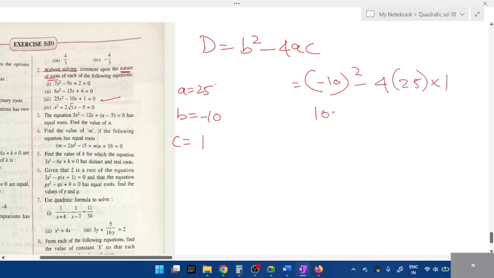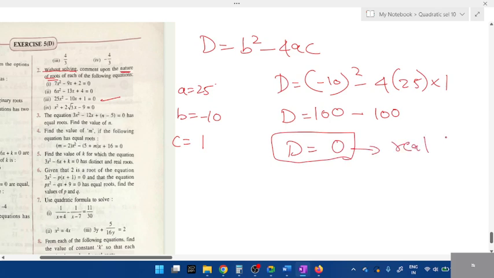Minus 10 the whole square is 100. How much is 4 into 25? All of you will respond. What is 100 minus 100, students? 100 minus 100 is 0. If it is 0, what kind of root is this? Real and equal.